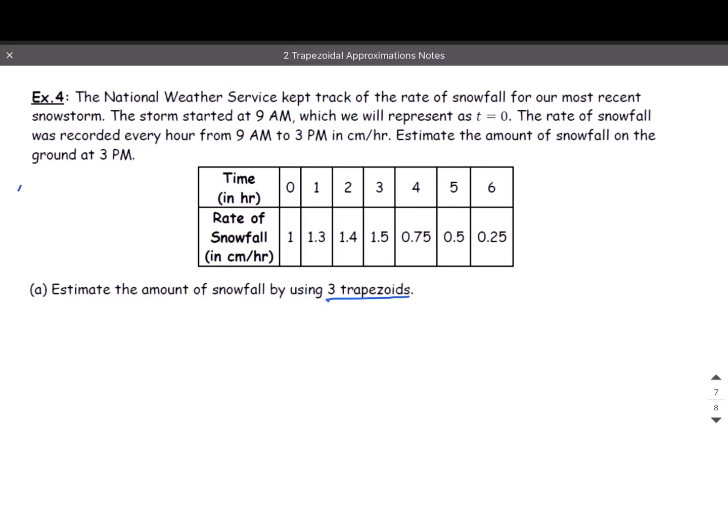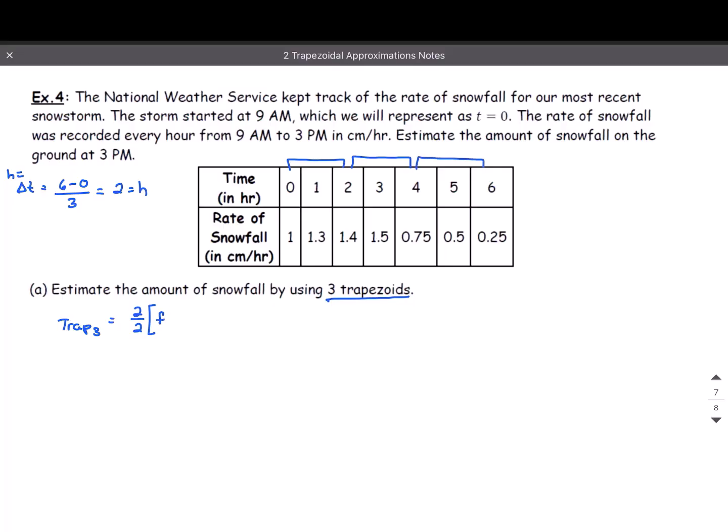So again, our delta t, in this case because it's time, or our h, is 6 minus 0, and this time we want 3 trapezoids, so we're going to have 2 for our height. So when we do this, our trapezoid of 3 is going to be the height 2 over the 1/2, or 1/2 times 2 if you prefer, and we're going with these subintervals, okay?